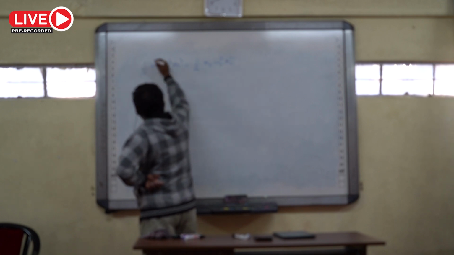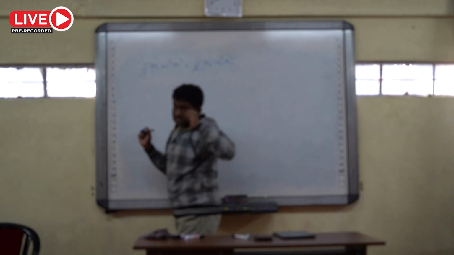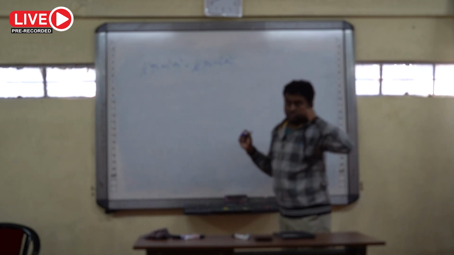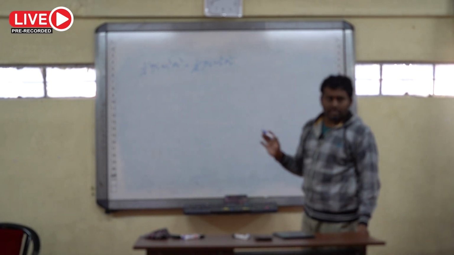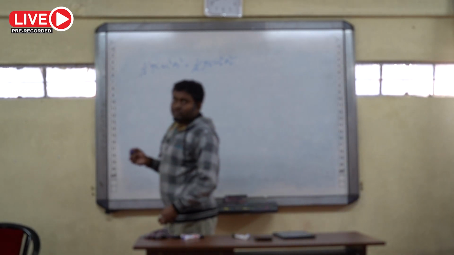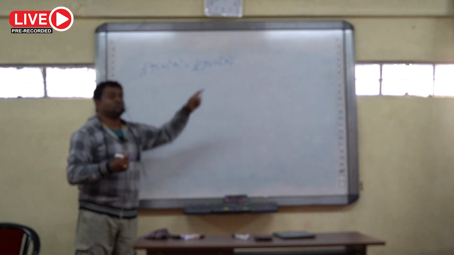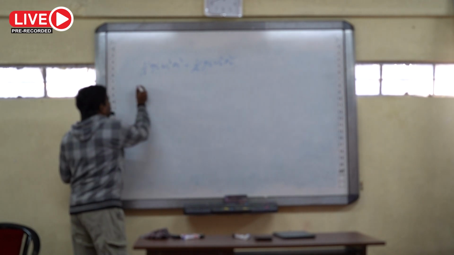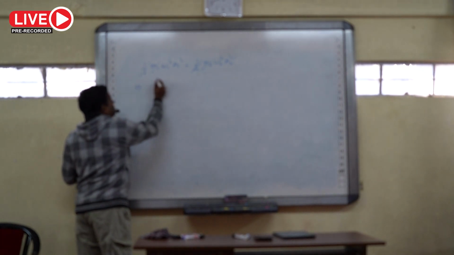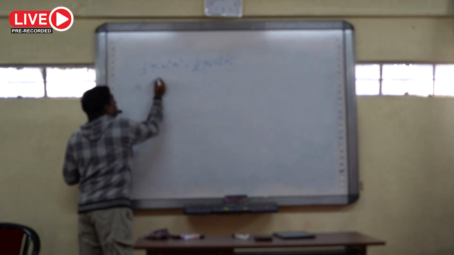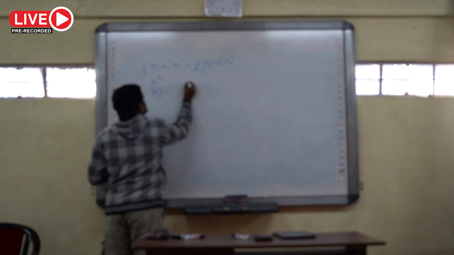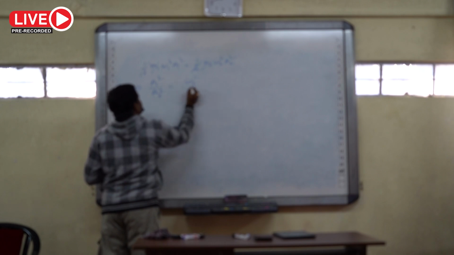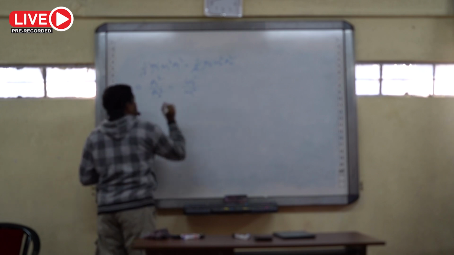Now half can be cancelled. M1 and M2 can be cancelled because it is given that M1 equal to M2. Don't get confused that you cancel M1 and M2 as different; according to the problem, these two are equal. So now A1 square by A2 square is equal to omega2 square by omega1 square.